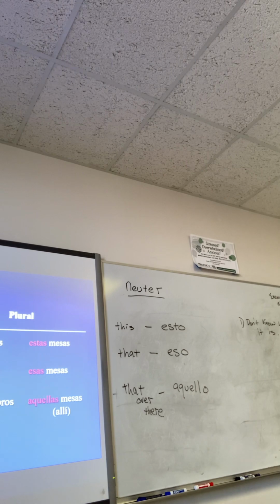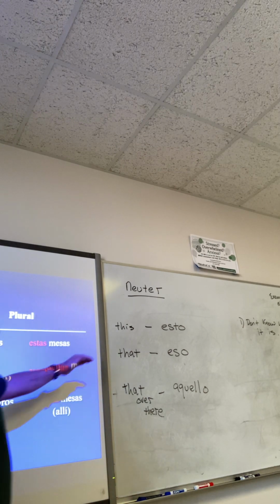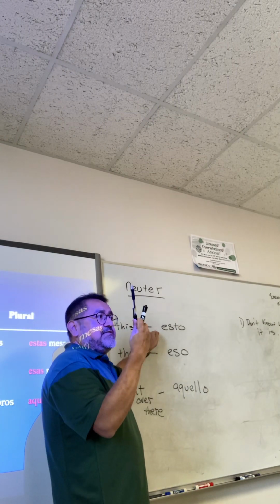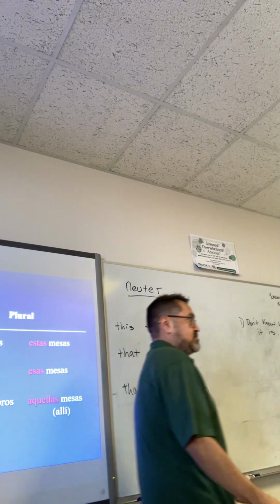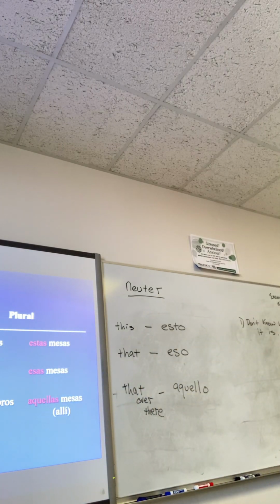Okay? I can't use a masculine or feminine because I don't know. ¿Qué es este? ¿Qué es esta? So we say, ¿qué es esto? What is this? ¿Qué es esto? And she says, un bolígrafo. Oh, este bolígrafo es mi favorito.